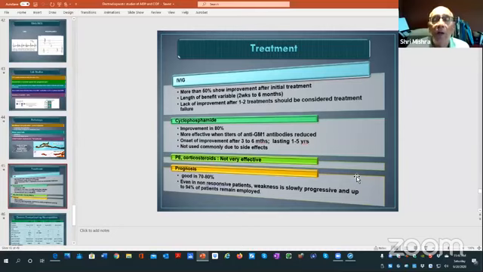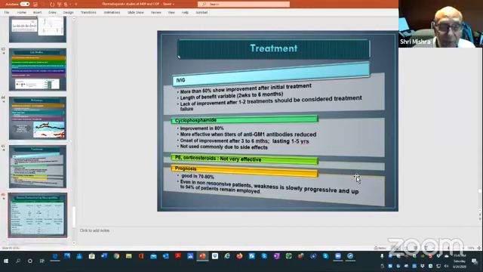So what do you do? Now, for MMN, the treatment is IVIG. You can give other agents, but usually you give IVIG. In patients with CIDP, you can use steroid, but you can also use other immunosuppressive therapy. After acute cases, you use IVIG.